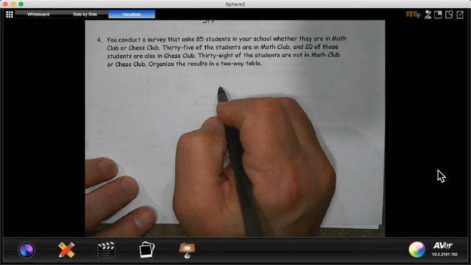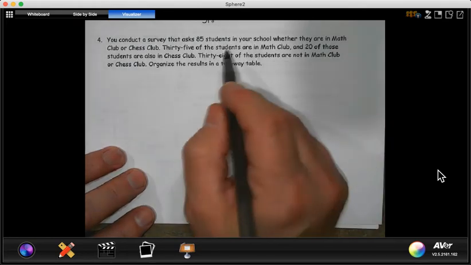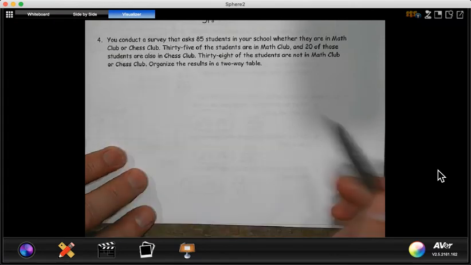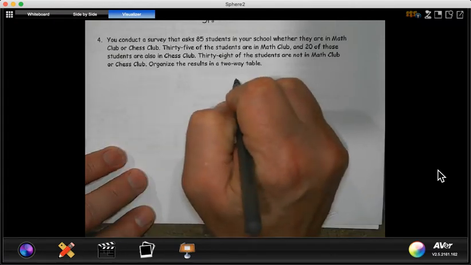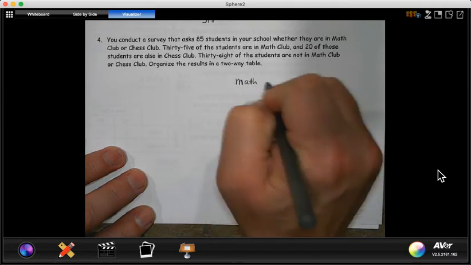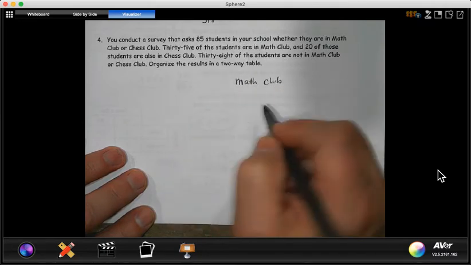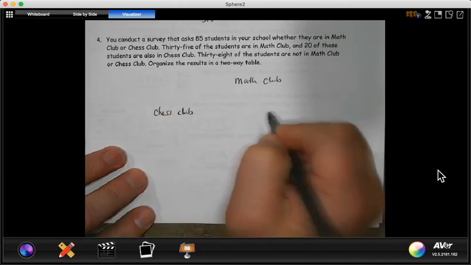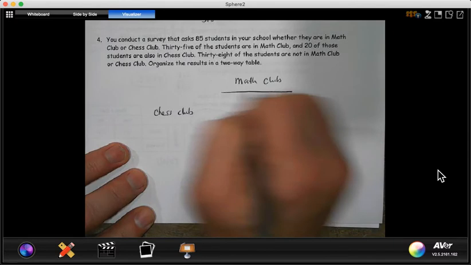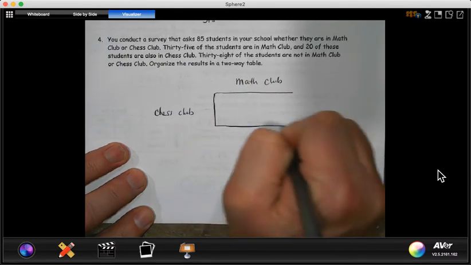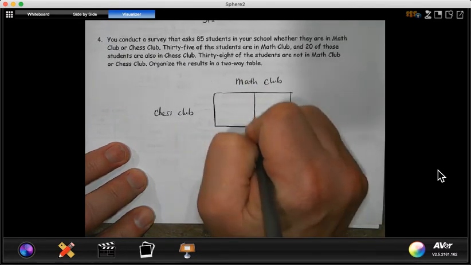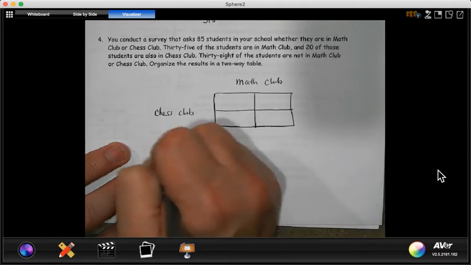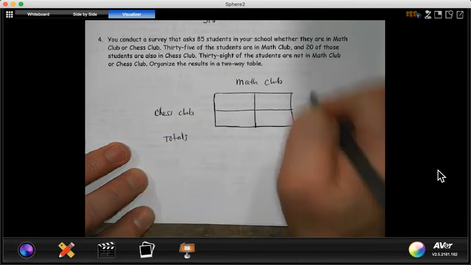So we are going to have students in school, whether they're in math club or chess club. So we have math club and then chess club. And then we do a little two-way table. So a big little thing like that. And then we have our totals and our totals.